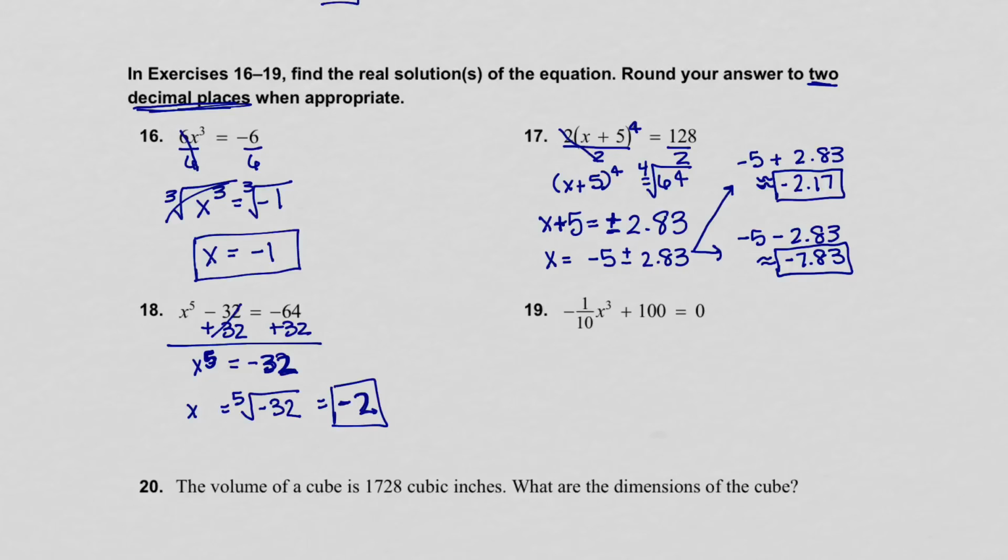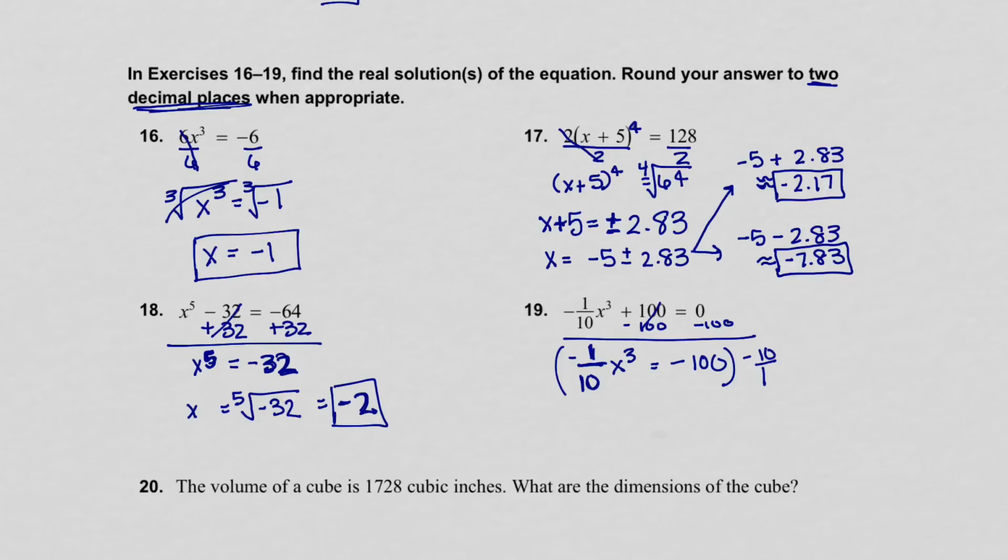All right, first thing I want to do here is let's go ahead and get rid of that 100. I'm going to have negative 1 over 10, 1 divided by 10, times x to the 3rd equals negative 100. And I'm going to get rid of that negative 1/10 by multiplying both sides by negative 10 or 10 over 1.